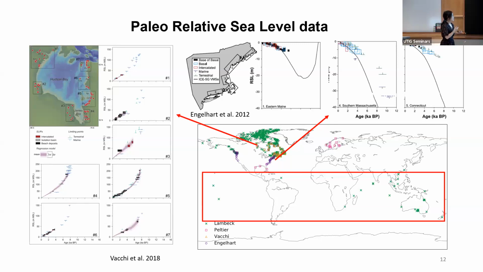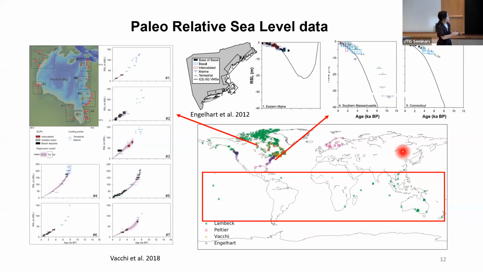As I mentioned before, these two ice models differ a lot here and there, but both of them can fit some part of this relative sea level data. So I gave a map here.